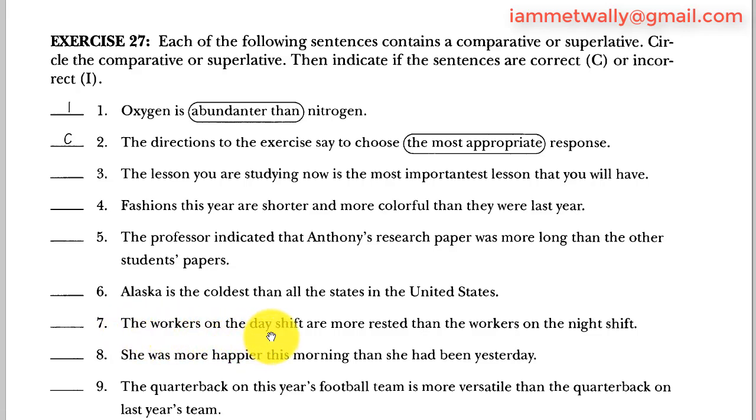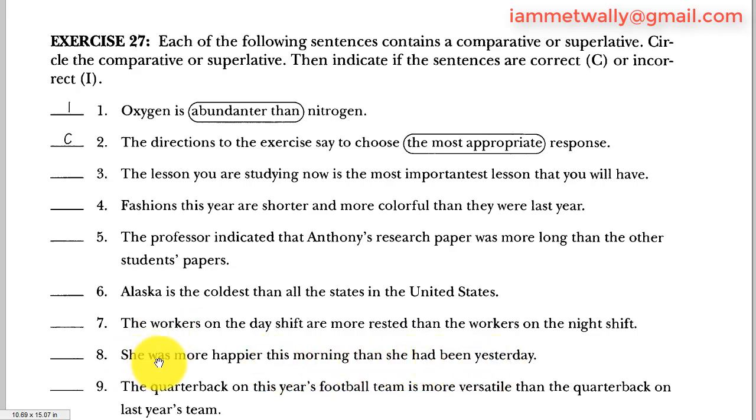Number 7. The workers on the day shift are more rested than the workers on the night shift. The workers on the day shift, this is the subject, are more rested than, this is the comparative. The workers on the night shift, and the sentence is correct. Number 8. She was more happier this morning than she had been yesterday.